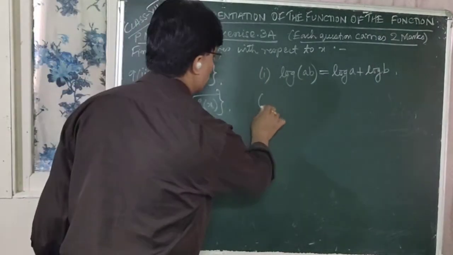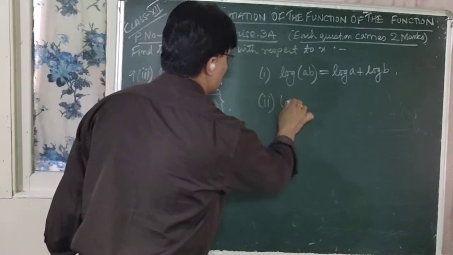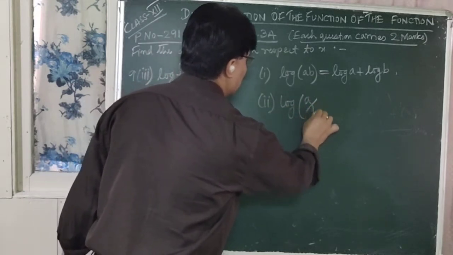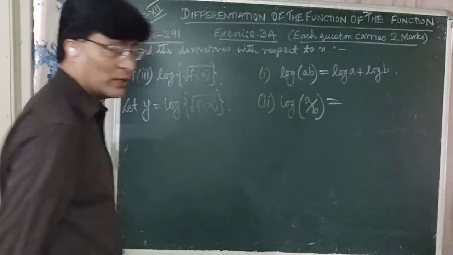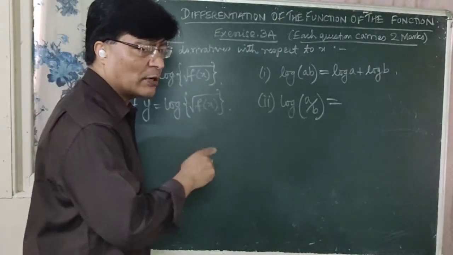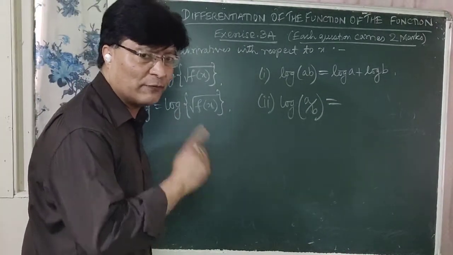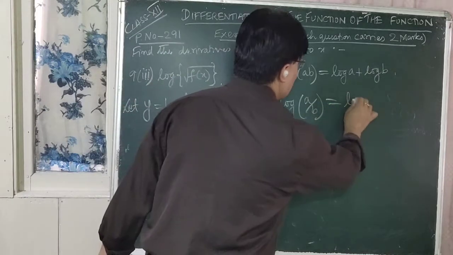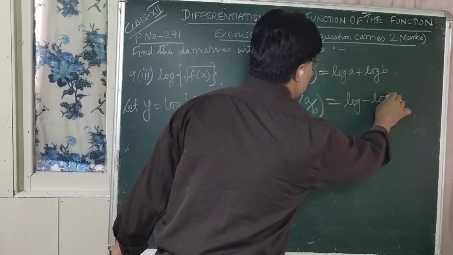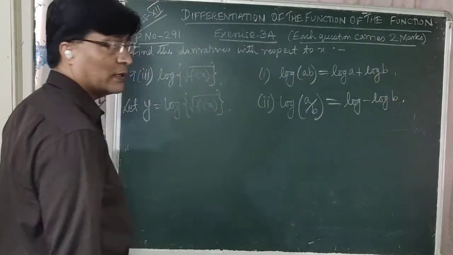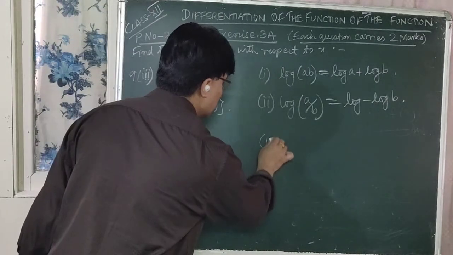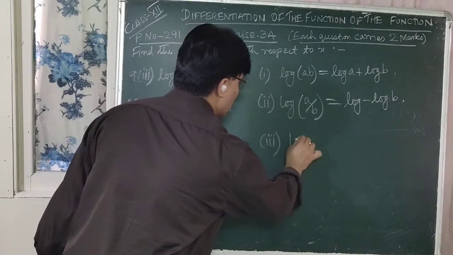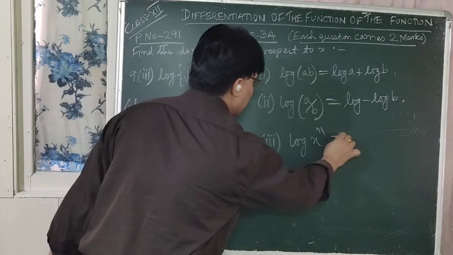So this is property number 1, and number 2 is log of (A by B). What is it? The logarithm of the quotient of two numbers is equal to the difference of their logarithms, that is, log A minus log B, right? And the next one is log x to the power n.